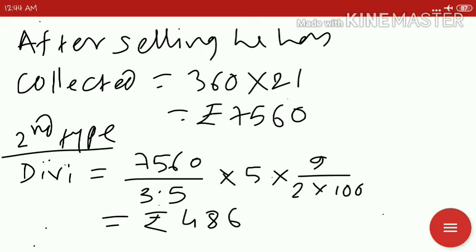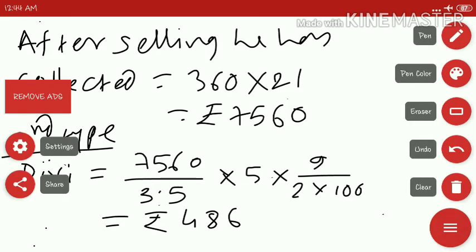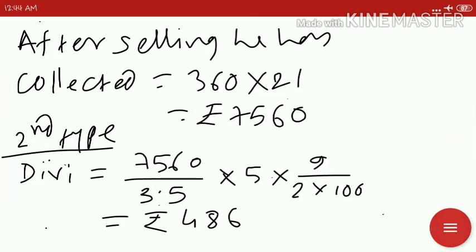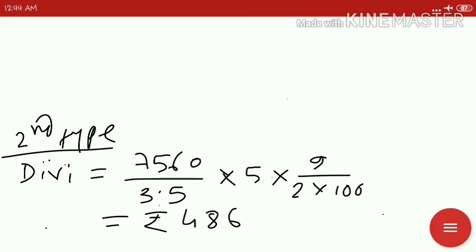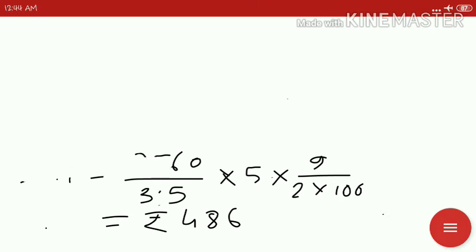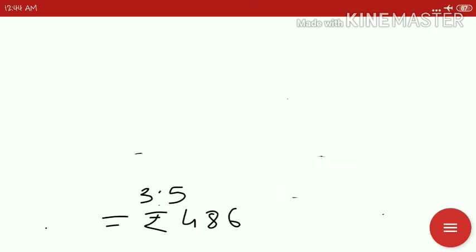and now he is going to collect rupees 486. Now we have to find the change of his dividend or income. Previously he got rupees 432 and now he is getting rupees 486. By simply subtracting them, you can find the value by which his total income is going to change.